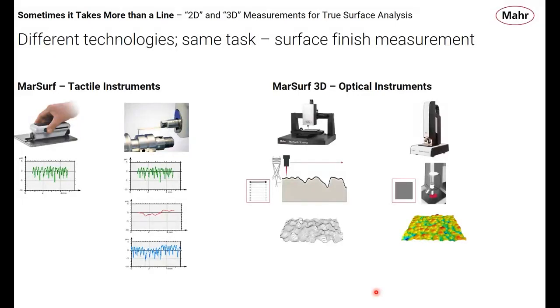There are times when we want to use a skidded stylus versus a skidless stylus on the tactile side, on the MarSurf side. On the MarSurf 3D side, we have applications where we want to use a point sensor versus a microscope, or a microscope is better than a line sensor because it's more optimal for that task. At the same time, we need to compare the two different techniques. So when do we use a tactile tool versus when do we use an optical tool?